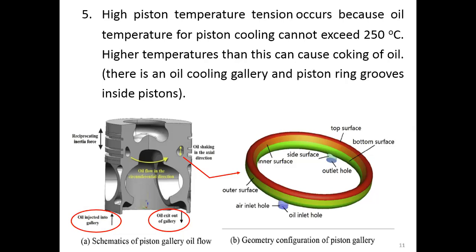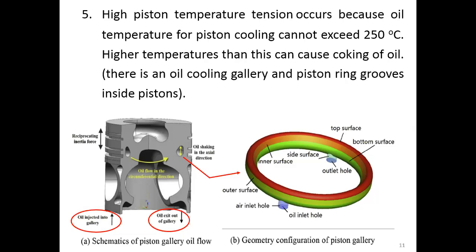So we have to trade off. We cannot intend to make the piston temperature as low as we want, but instead we have to keep it as high as possible without letting the oil temperature go beyond 250 degrees Celsius.